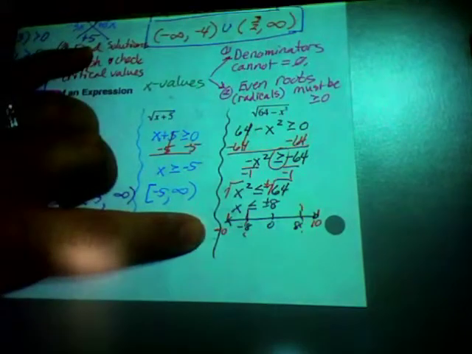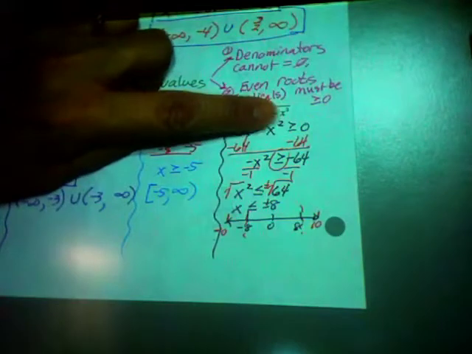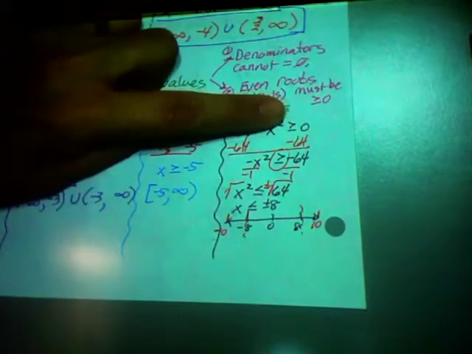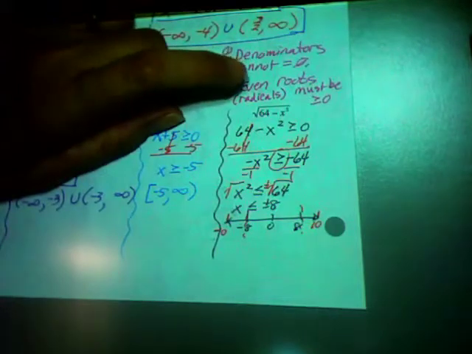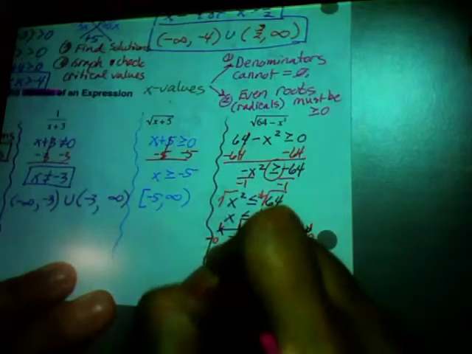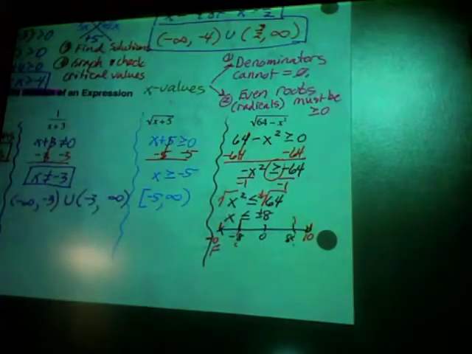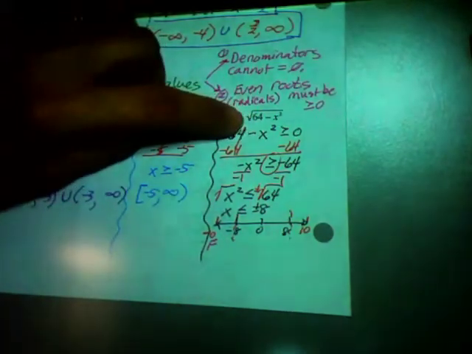So if I check negative 10, what's negative 10 squared? 100. What's 64 minus 100? What kind of number is that going to give me? A negative. Can I take the square root of that? No. So this is going to be false, so that's not part of my graph. What are you going to choose in between negative 8 and 8? 0. So 0 squared is 0. 64 minus 0 is 64.